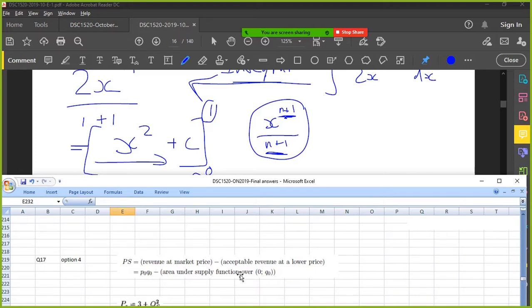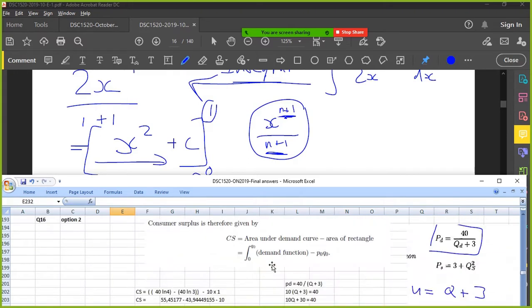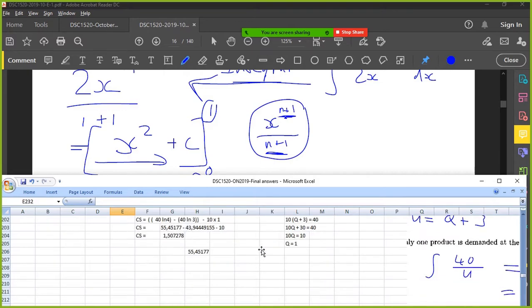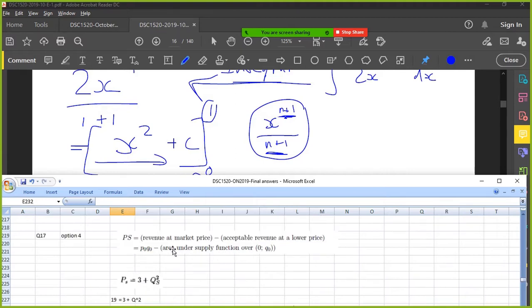Okay, area under the graph. So it should look like this. There's it. Okay, that's how you write it. Okay, but this one states it clearly. 0 to Q. If you go back to 17. Yeah, this is area under the supply function over 0 to Q. So it's just written in a different notation. It's written in words instead of mathematics.